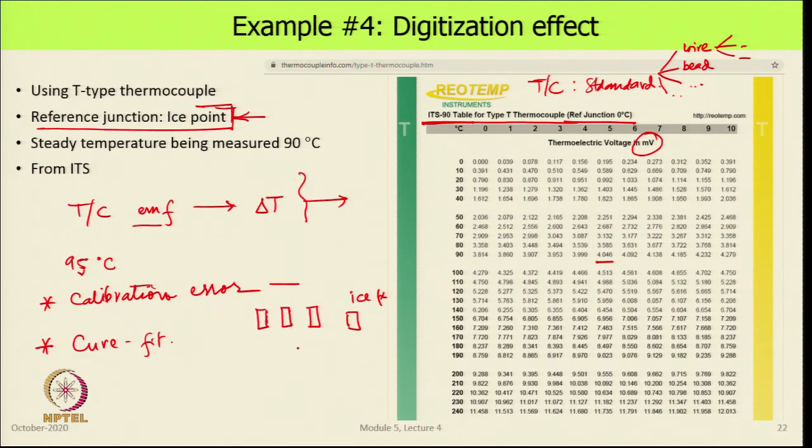There are about a dozen and a half standard temperatures which have been defined, which we can create in the lab and measure at these points and see what delta EMF we get, and then we know that it corresponds to a certain delta T. So, at least 2-3 points, if not more, we do this, and from here we get a curve which tells us that delta T is equal to this function of delta EMF. That is a curve fit, that is not calibration. So, this will introduce yet another systematic error in the measurement.